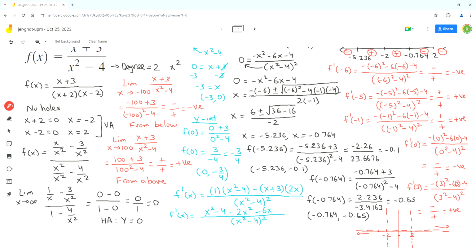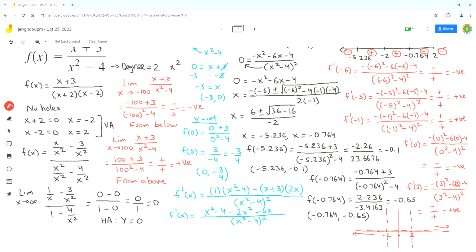So on the left side of negative 5.236, so that's our critical point, between negative 5.236 and negative 0.1, that will be somewhere here. So the function is decreasing.